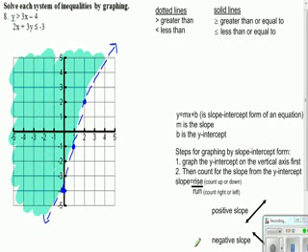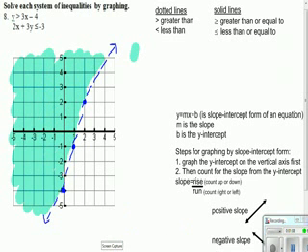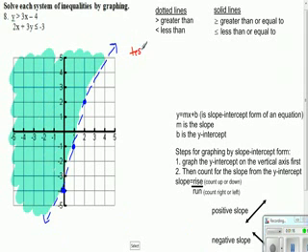I could have also done a test point. So if you don't remember the fact that greater than means above, you can use like 0, 0 as a test point.